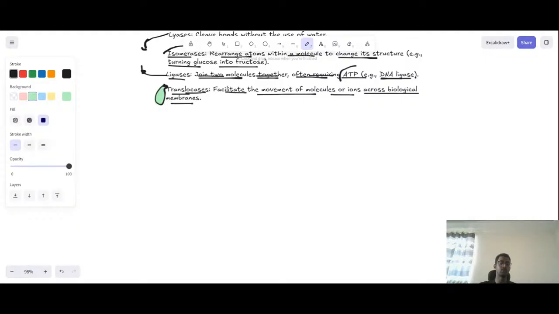Factors affecting enzyme activity. Substrate concentration: increasing enzyme concentration generally increases velocity until a saturation point is reached.